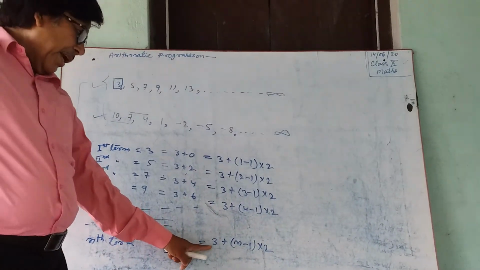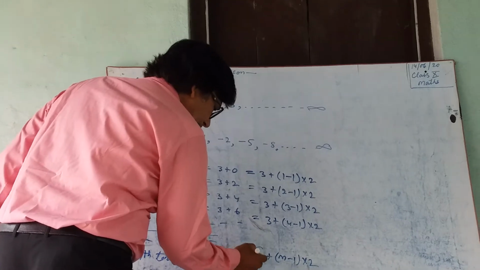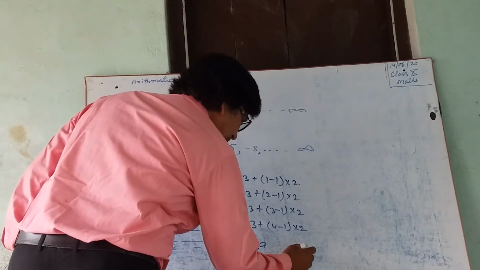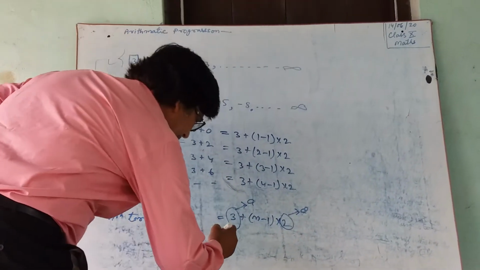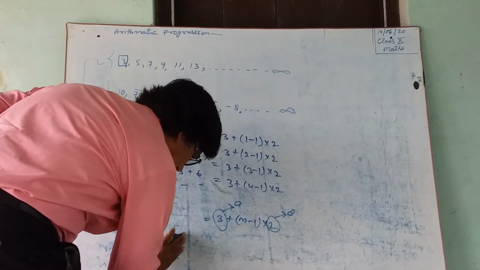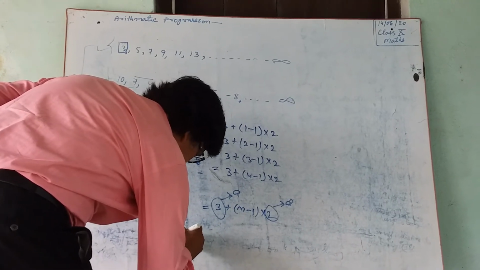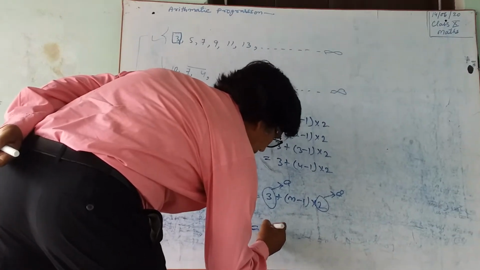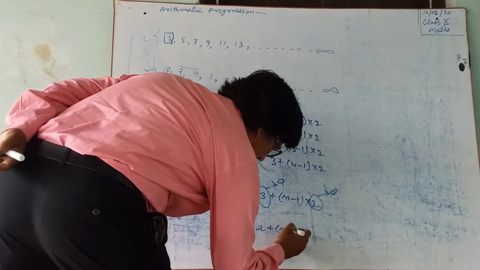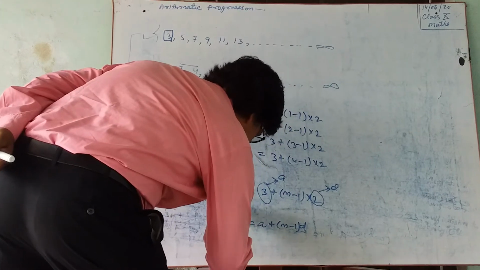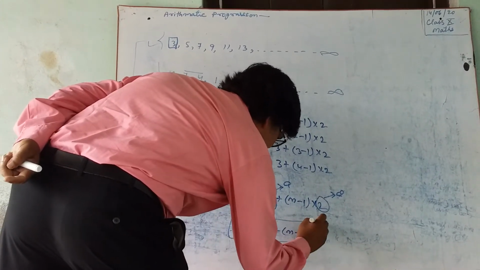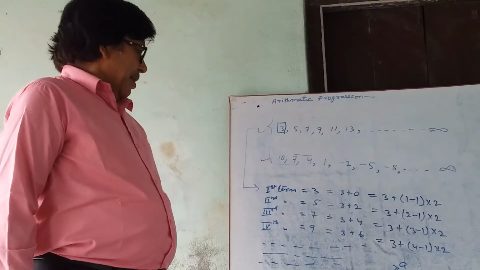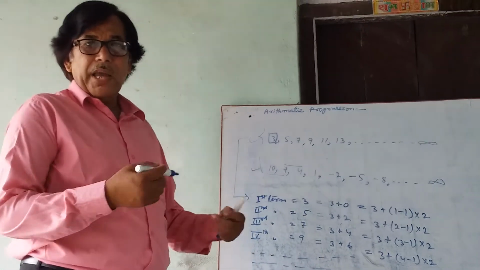If we take A for the first term and D for the common difference, then we can write Tn equal to A plus n minus 1 into D, and this is the formula for the calculation of the general term, that is, the nth term. Now take an example, how can you find it out?